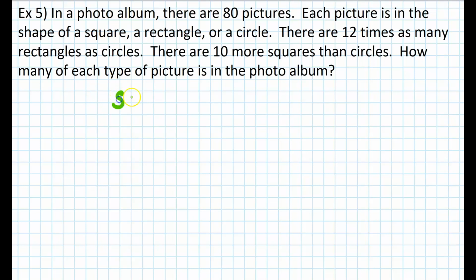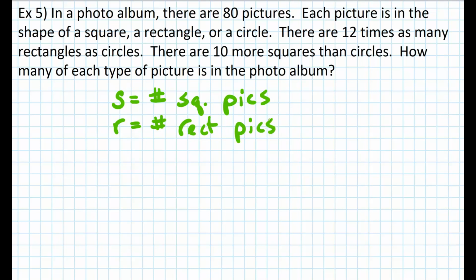I'm going to let S equal the number of square pictures, R equal the number of rectangular pictures, and C equal the number of circular pictures. So, 3 variables. How many equations do I need?